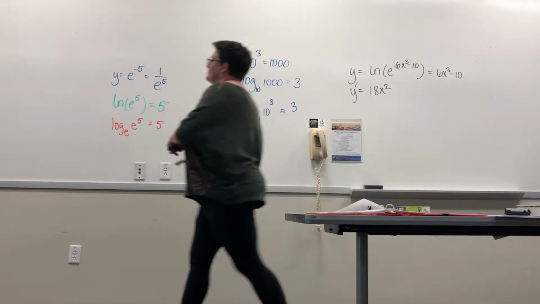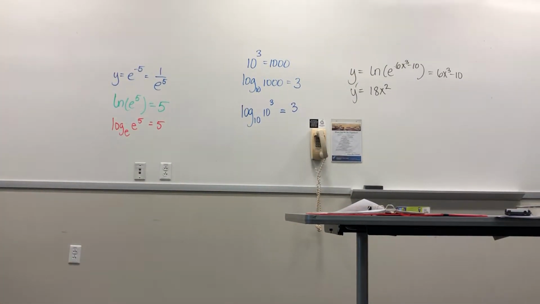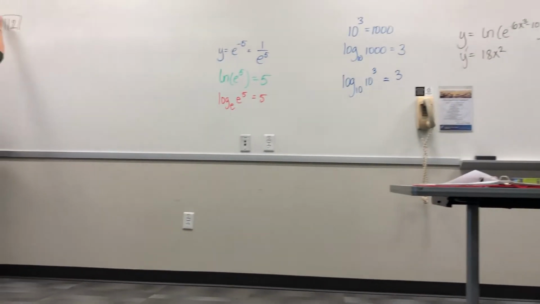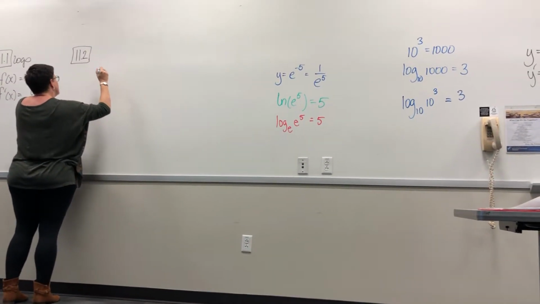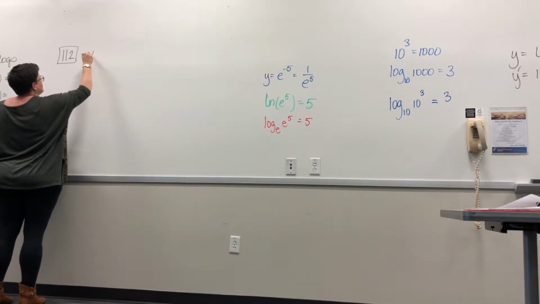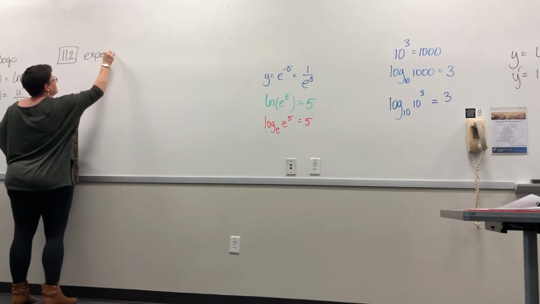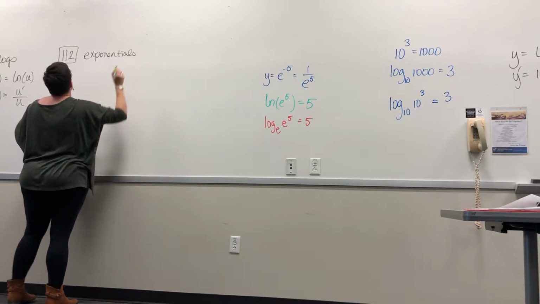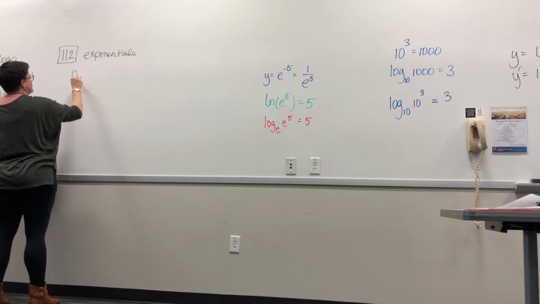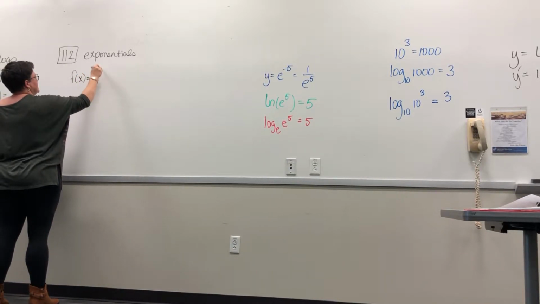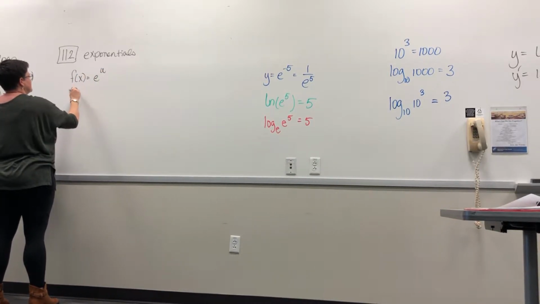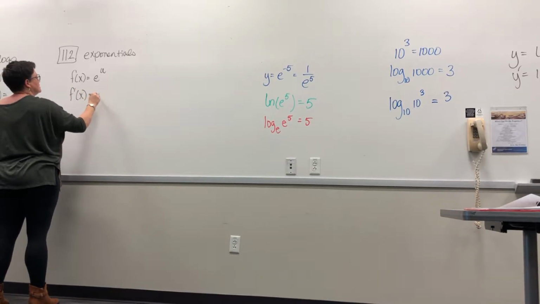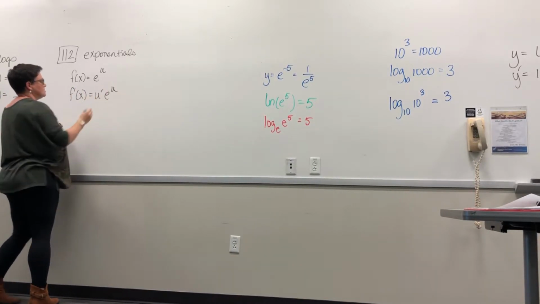Here's what it looks like. 11.2. This is the last derivative that we're talking about. It's the third one in the group. Exponentials. So if f of x equals e to some power, then its derivative is the derivative of the exponent times the original function.